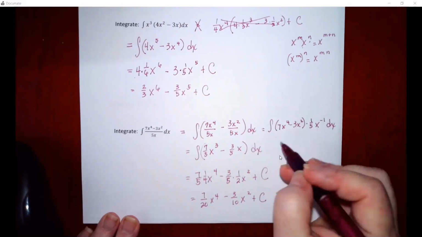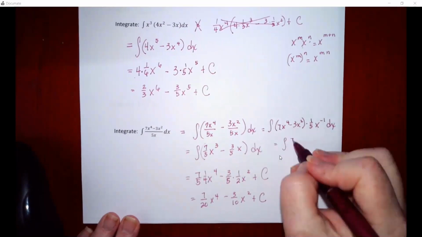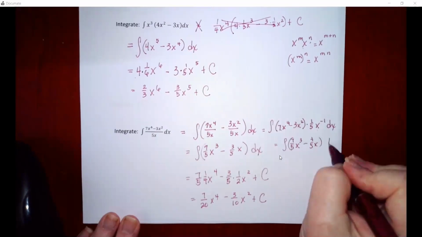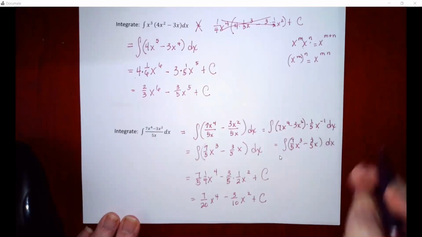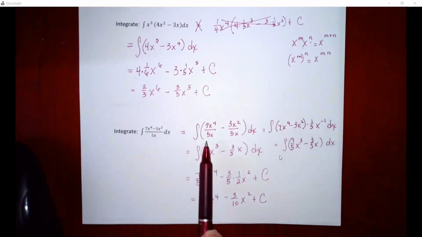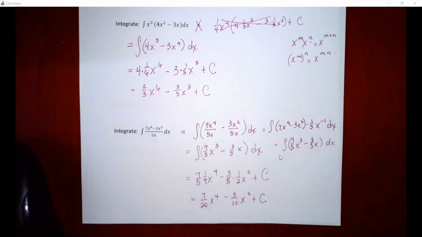And you would still get 7/5 x to the 3rd minus 3/5 x dx, but bringing it up and multiplying it through instead of separating the fraction would be another option. And you could also factor that 1/5 out front if you wanted to. So as long as you're doing algebraically legal simplification, you'll end up in the same place.